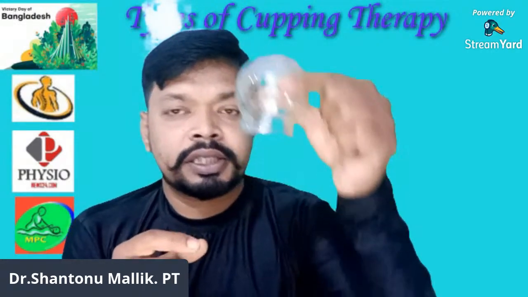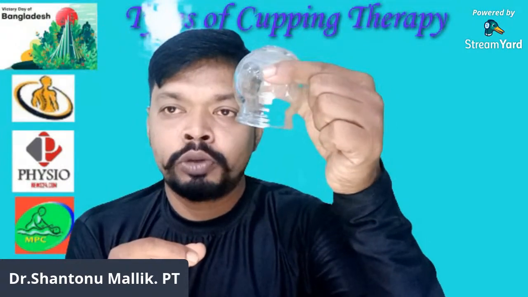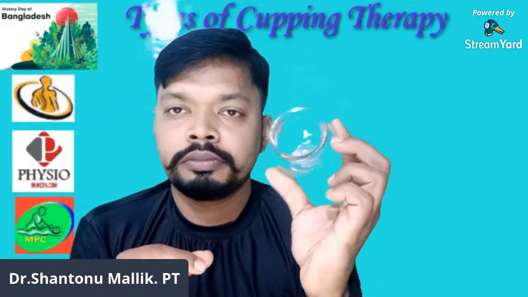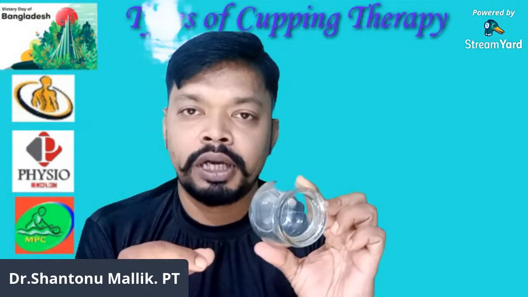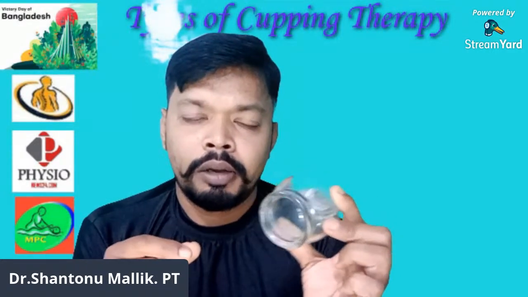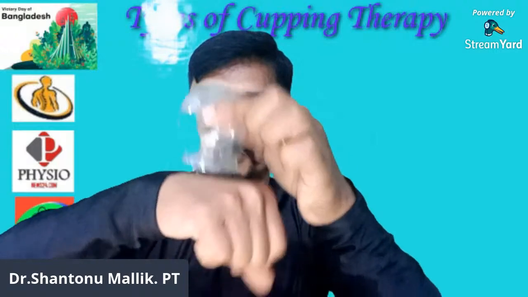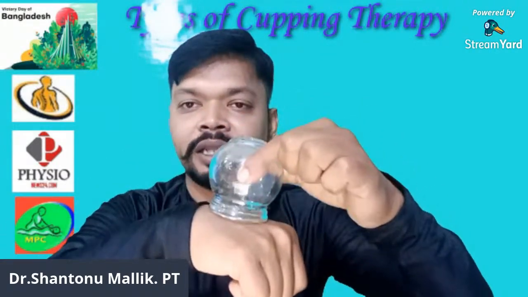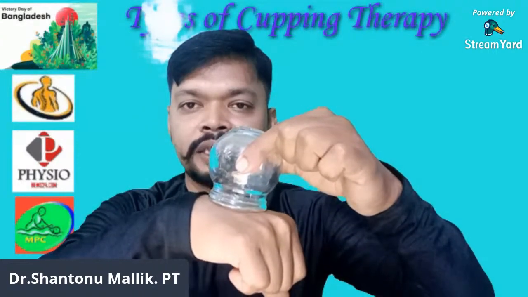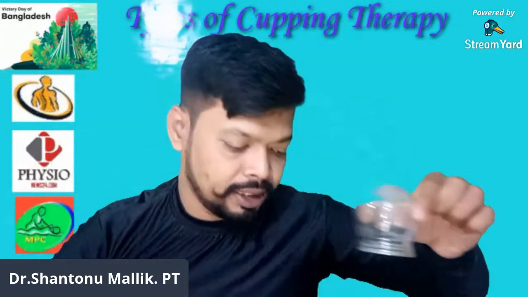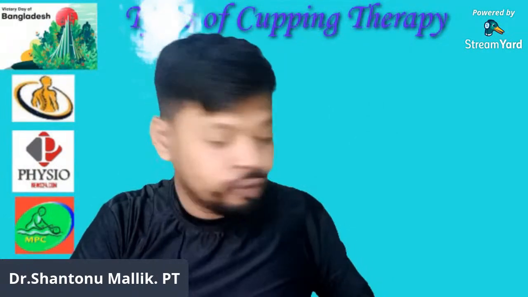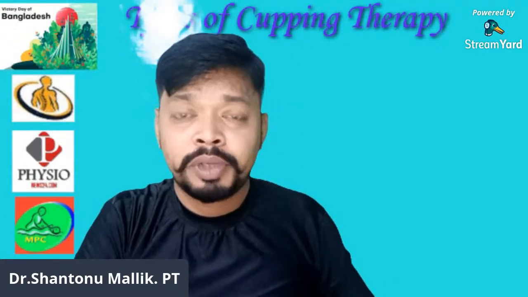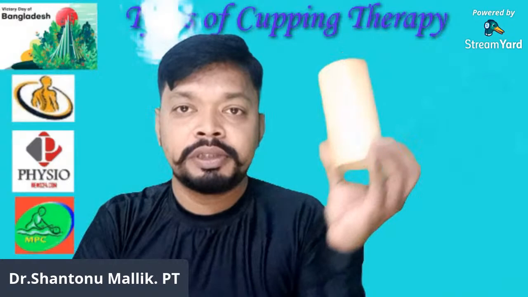So this is the dome shape, and this shape is helpful when we are using this cup set and applying the cupping therapy. I will show you the practical before, and then we will go to another type of cup set, the bamboo cup set.